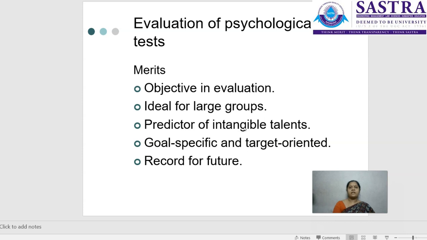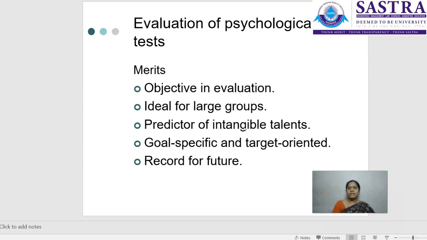Goal specific and target oriented. That is another advantage of the psychological test. Here the employers have the option to choose from a variety of selection tests, and they can make use of these tests to measure a specific quality of an applicant.